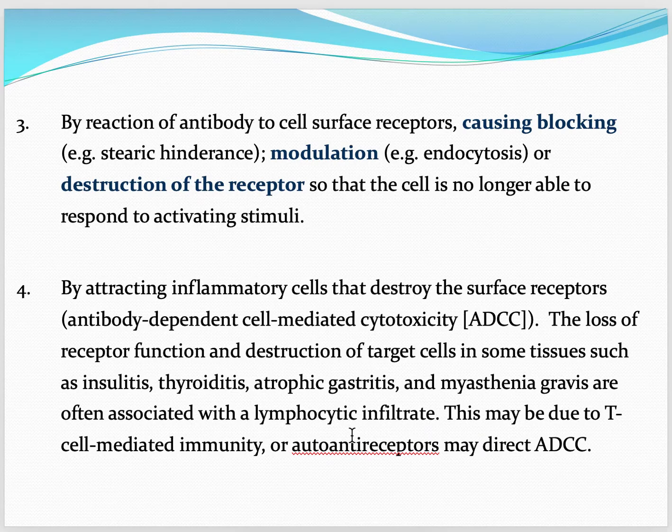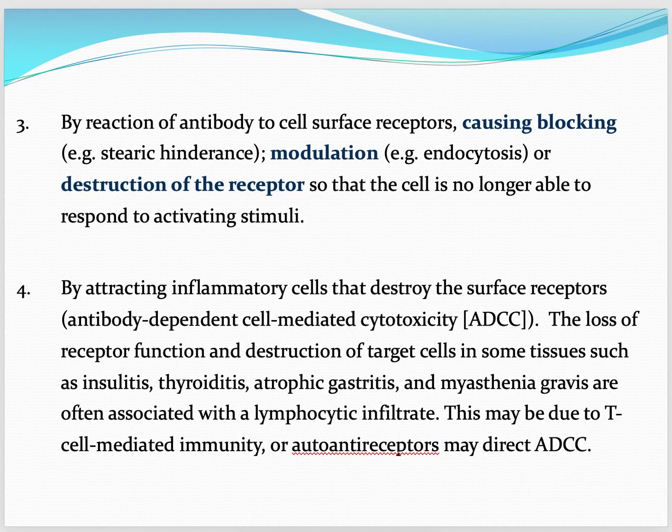These things can occur maybe due to T cell mediated immunity or auto anti receptors. Auto anti receptors means antibody which has been produced against the receptors. Auto anti receptors may direct ADCC.